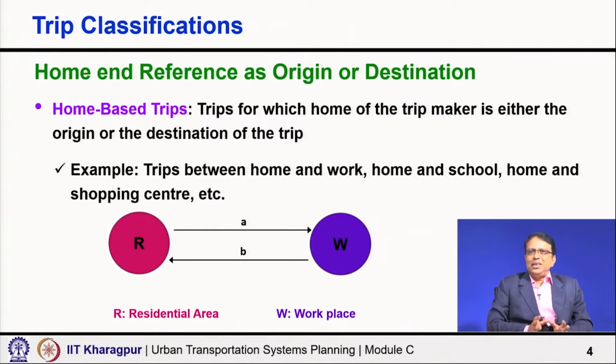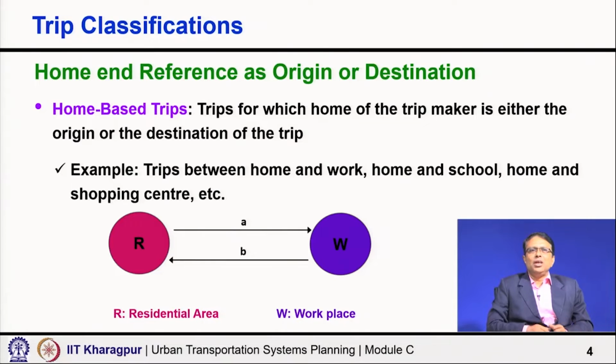If we consider this, then we can classify trips as home based trips and non home based trips, a simple classification. In home based trips, the home of the trip maker is either the origin or the destination of the trip.